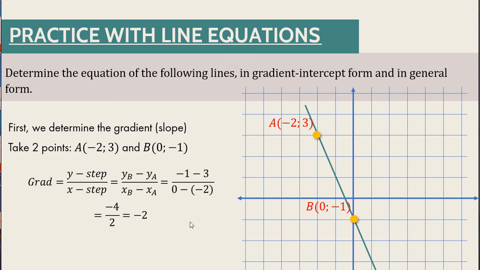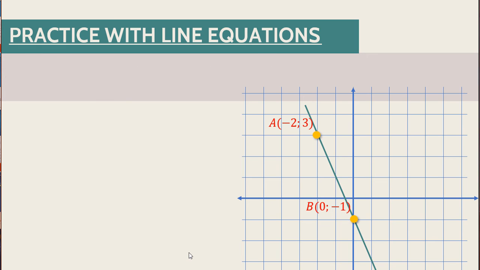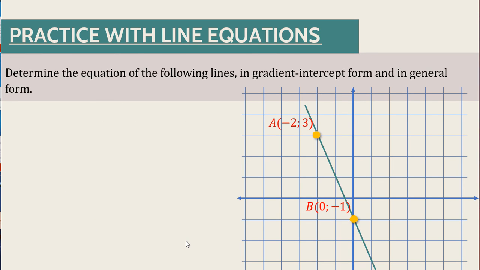Now we put the gradient and the starting point of the line into the formula for the equation. We will have y minus -1 equals -2 times x minus 0. After some transformation, we have y equals -2x minus 1. So -1 is the y-intercept.